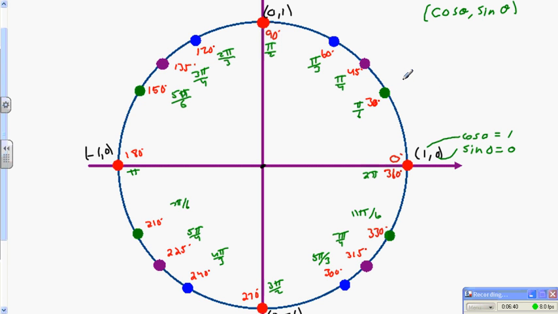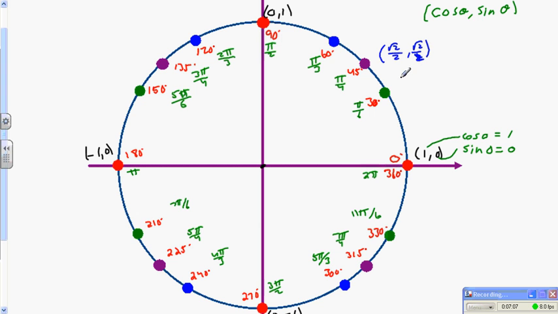If you look at your special right triangles, we can fill this in. And the easiest one to do is to say sine of 45 and cosine of 45 were always the same, and that was root 2 over 2. Root 2 over 2.